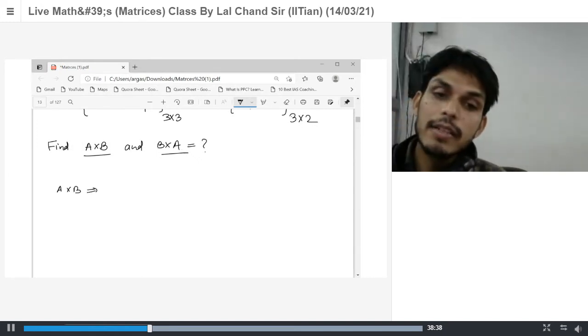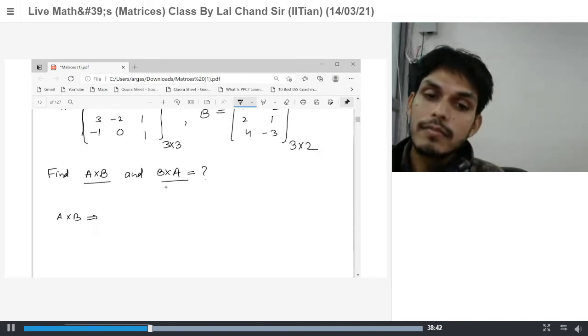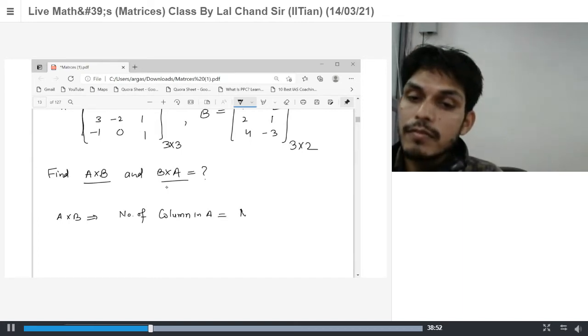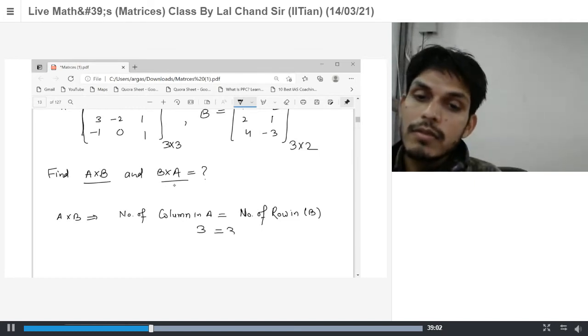If we check the number of columns in A is equal to the number of rows in B, 3 is equal to 3, isn't it?